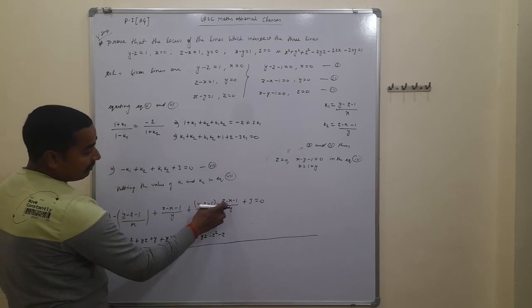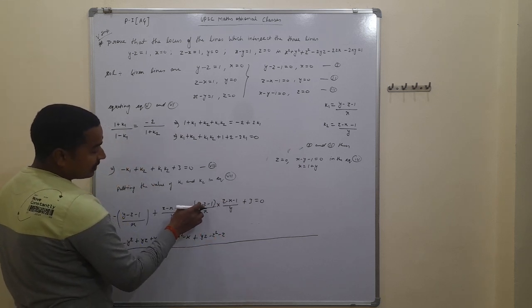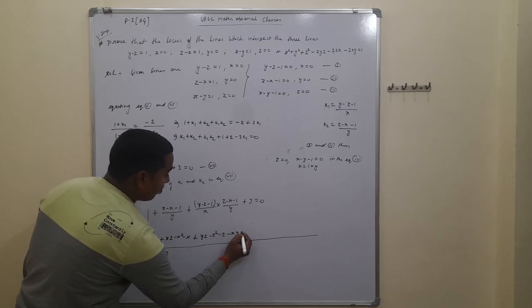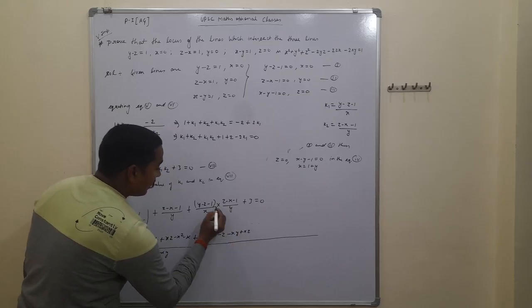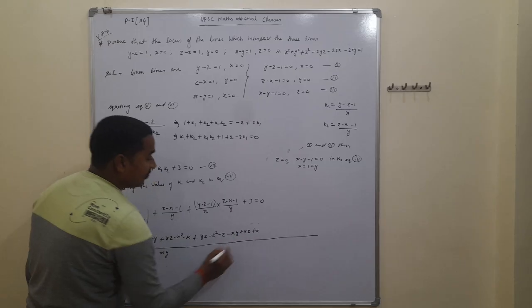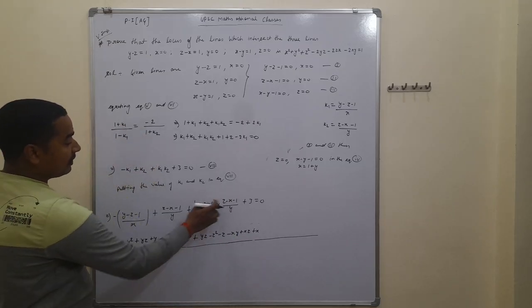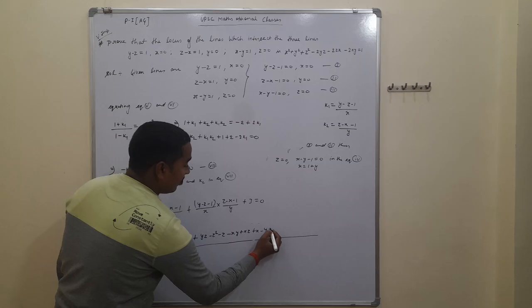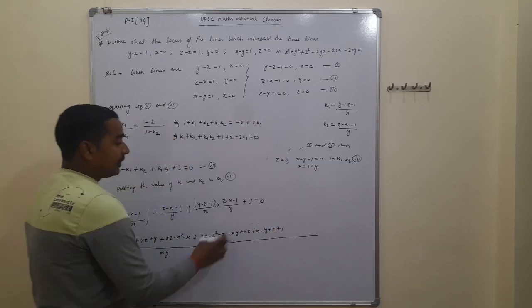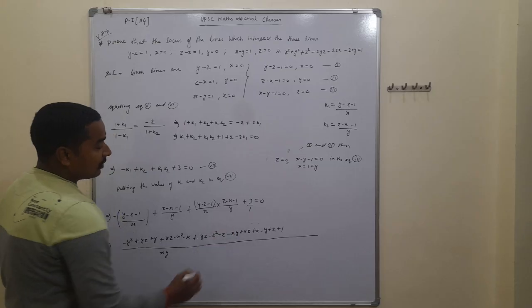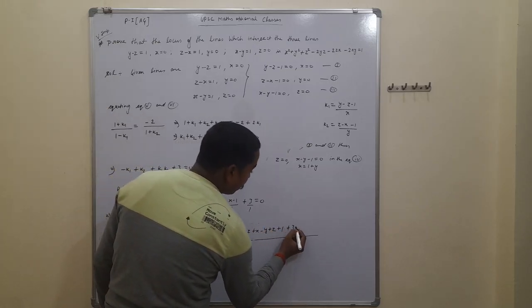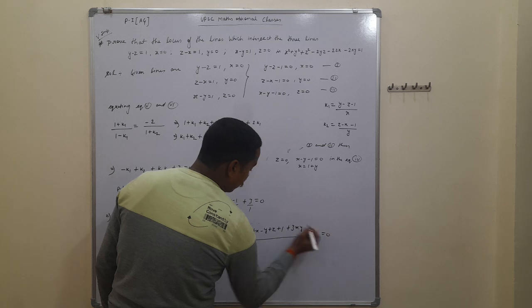Further we have to multiply minus x with y minus z minus 1, that is minus of xy and plus of xz and plus of x. Further we have to multiply minus 1 with this bracket, that is minus of y and plus of z and plus of 1. And here xy is not present, so I have to multiply 3 with xy, that is plus of 3xy is equal to 0.